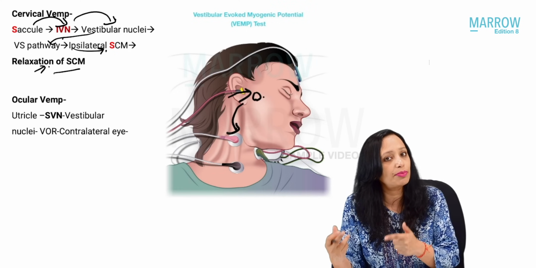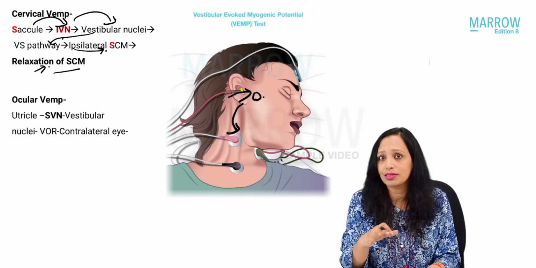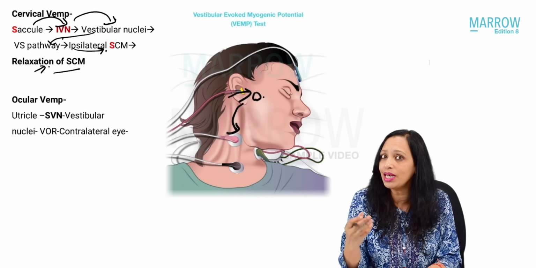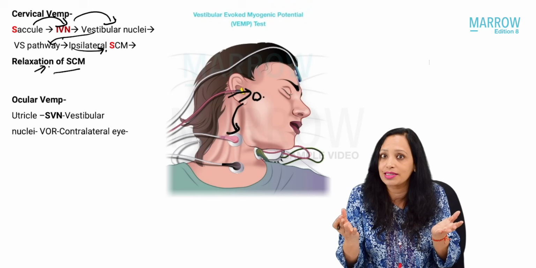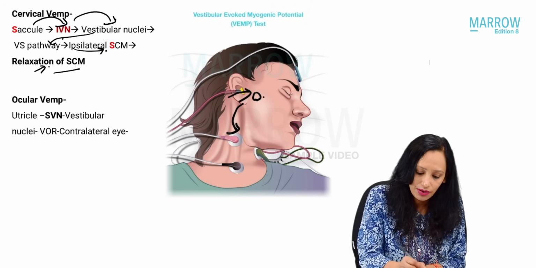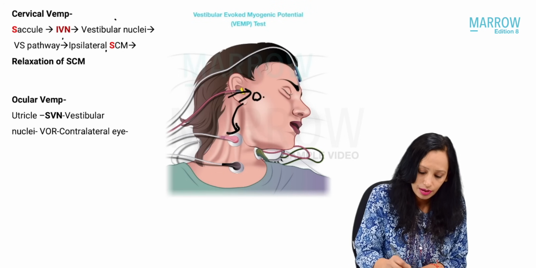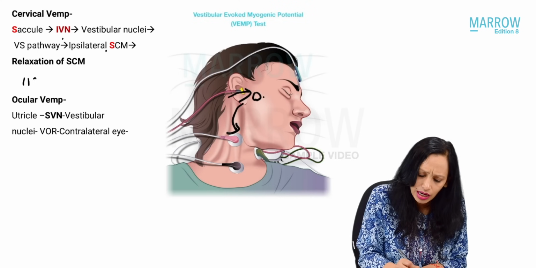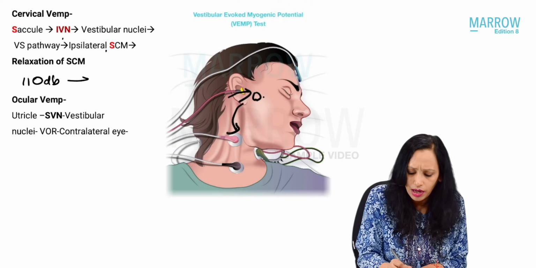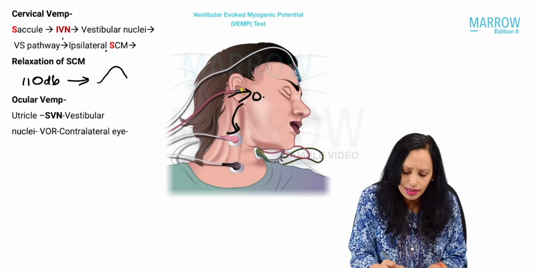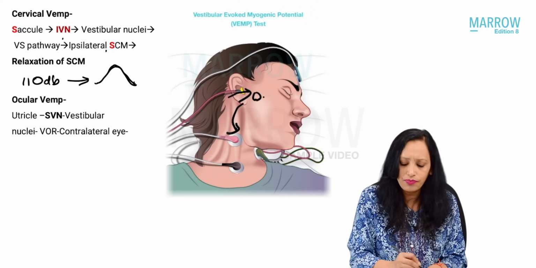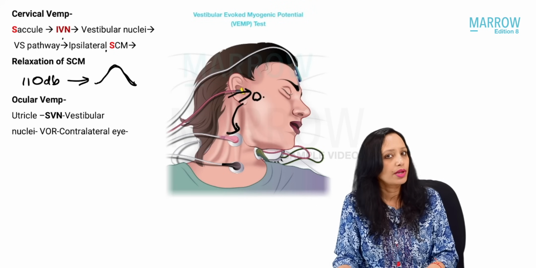So in all of us whose inner ear is normal, if we give a loud sound, we are expected to have this reflex. Suppose we give a 110 decibel loud sound. We are going to record this relaxation, and we will get this response, right?